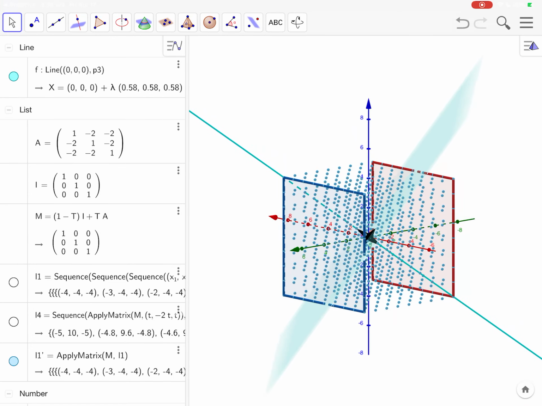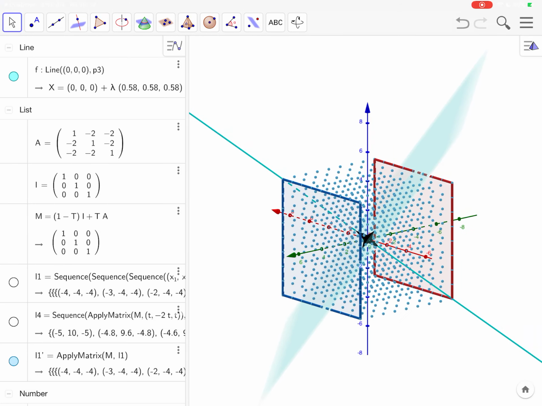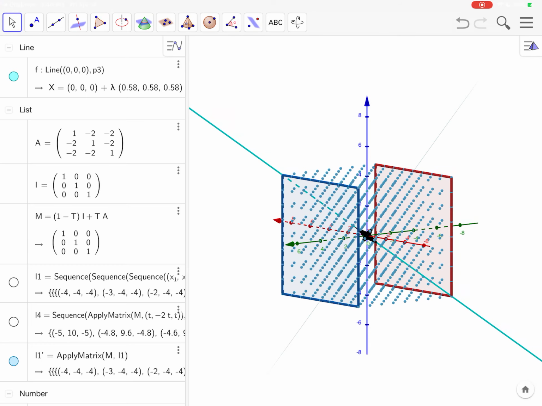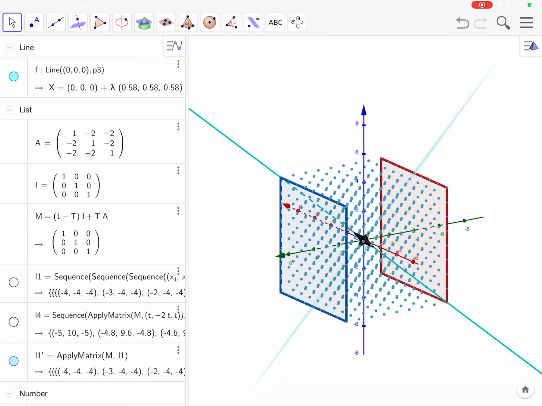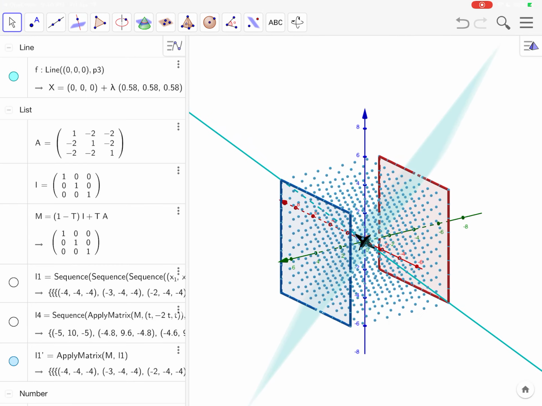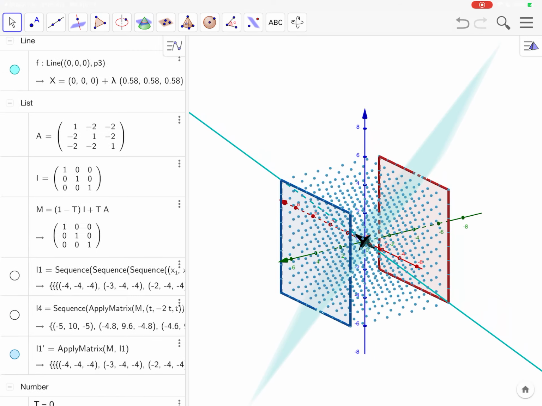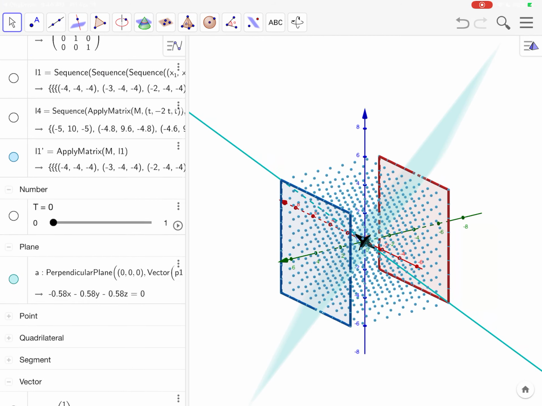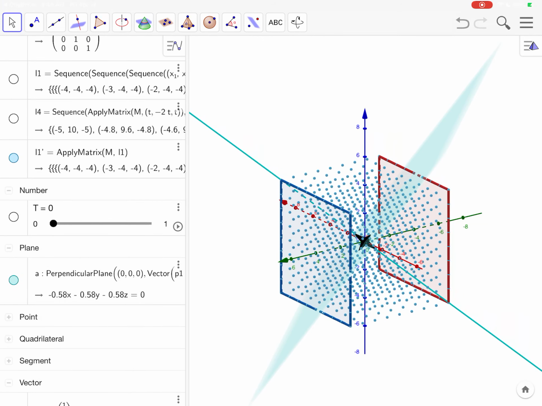But what I want to do is watch this transformation a couple times and view it from the perspective of a normal perspective where we're not paying attention to the eigenspaces necessarily, and then look at it as we're looking onto the eigenspaces.